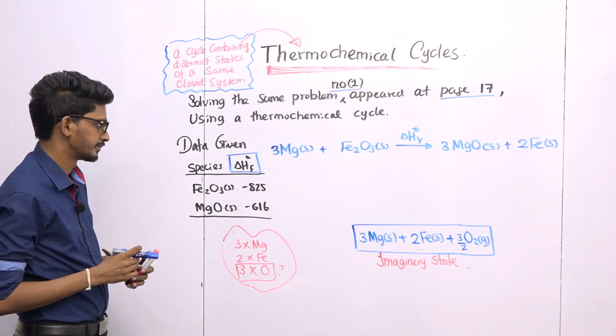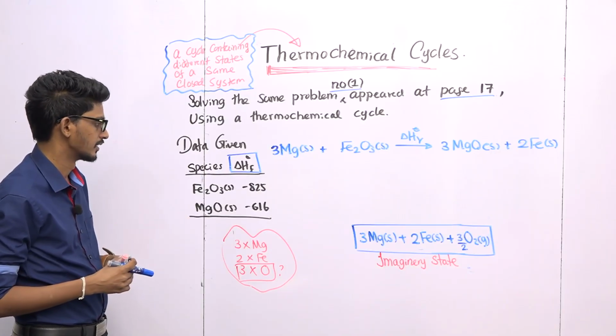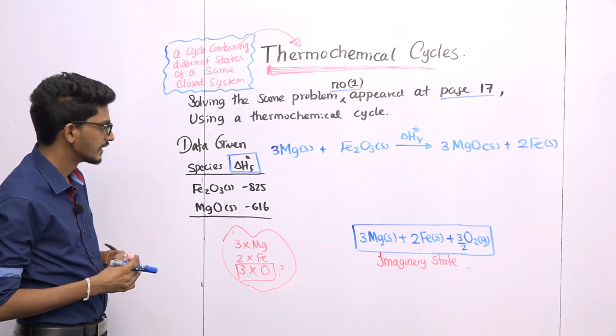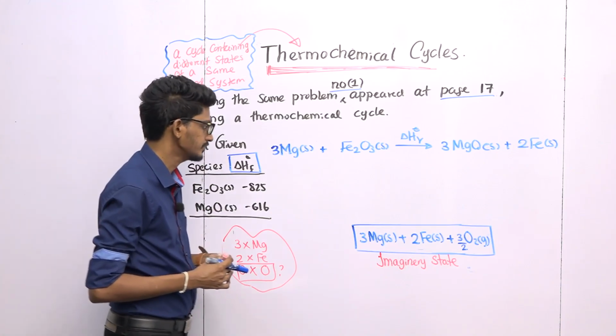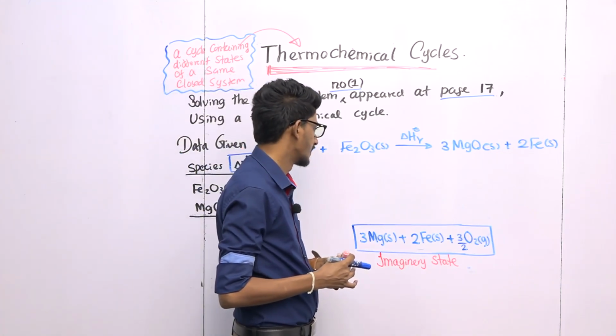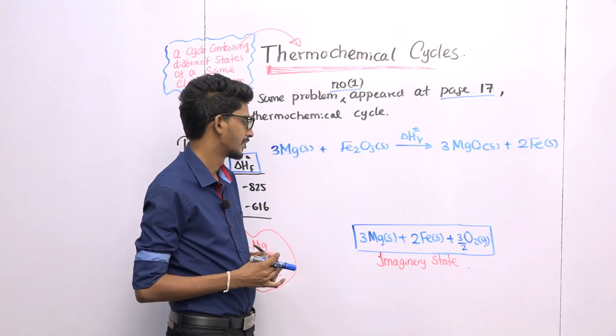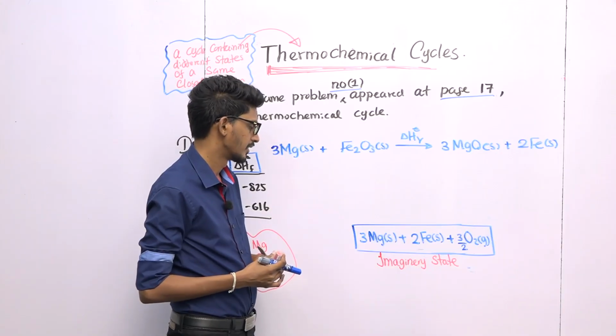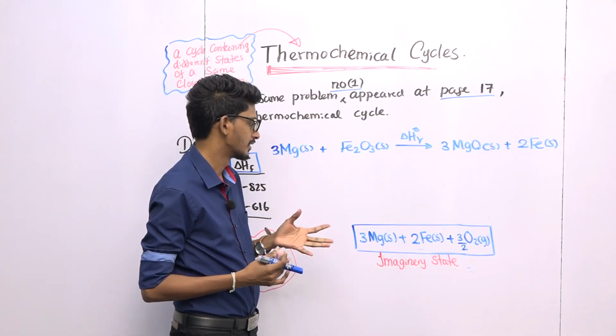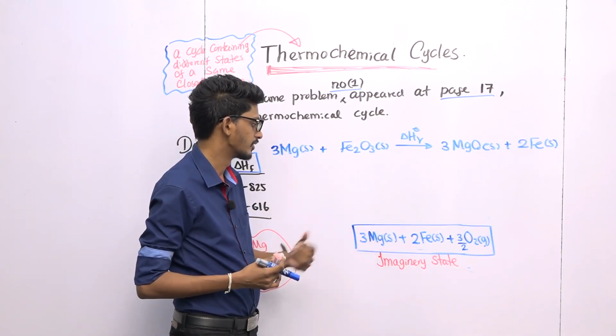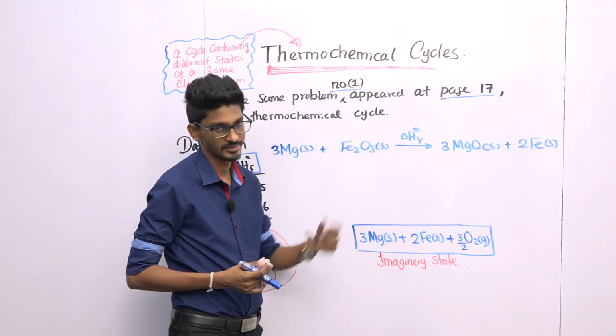Third thing, when constructing a thermochemical cycle, it is all about the energy changes you need to do to convert these states to the immediate state or the immediate state to these states.